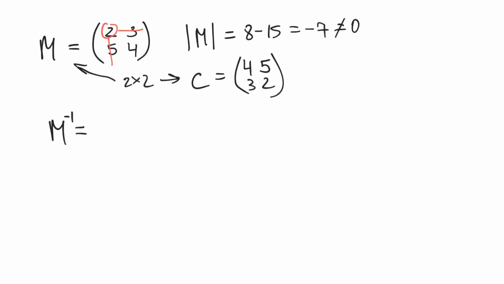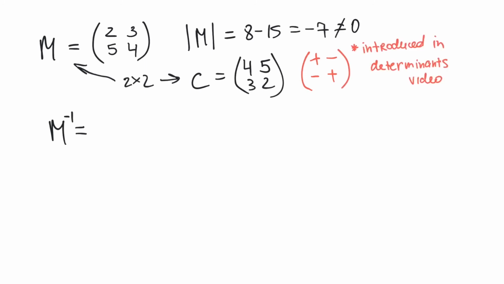But we are not done just yet. An important thing to do is remember the chessboard of pluses and minuses that we used before, the so-called symbol matrix. And we need to multiply the second term of the first row and the first term of the second row by -1 in order to fulfill this requirement of the symbol matrix.